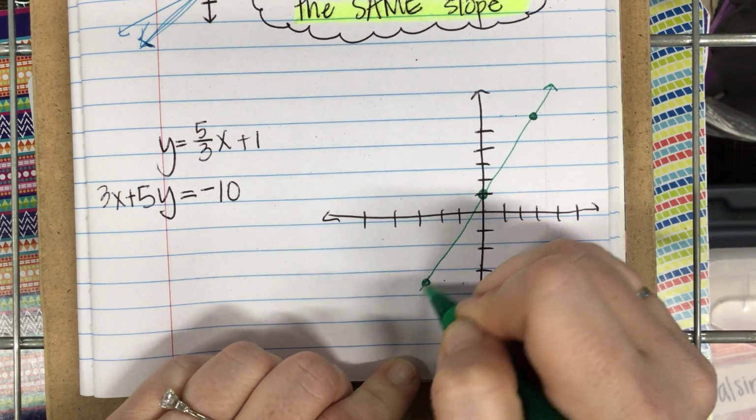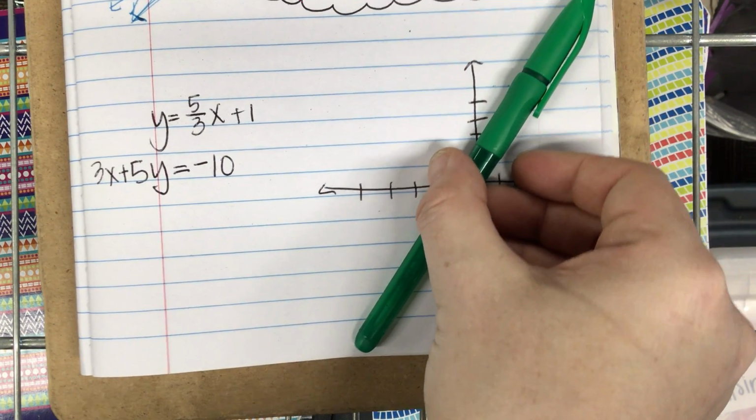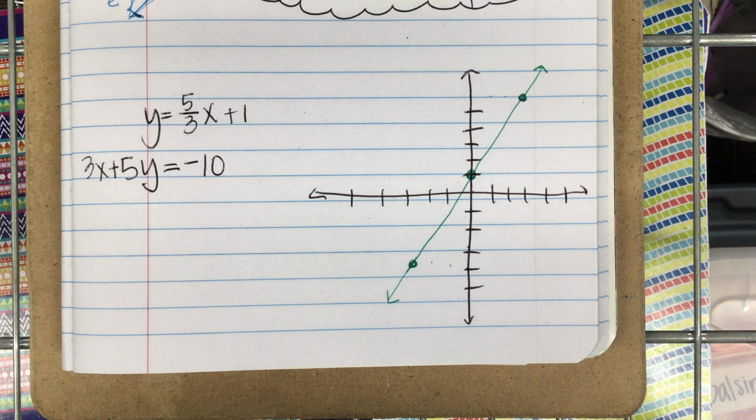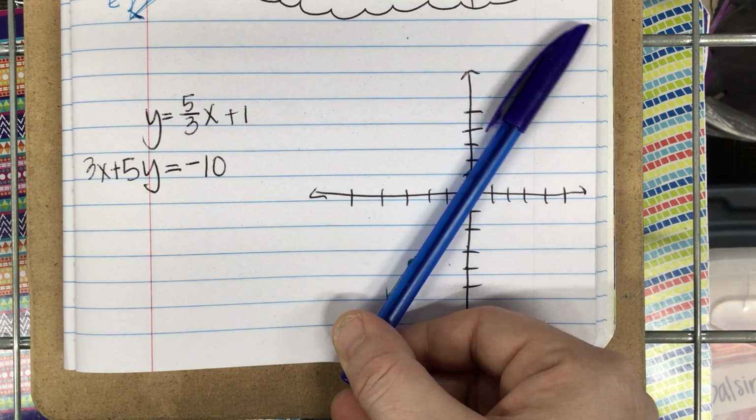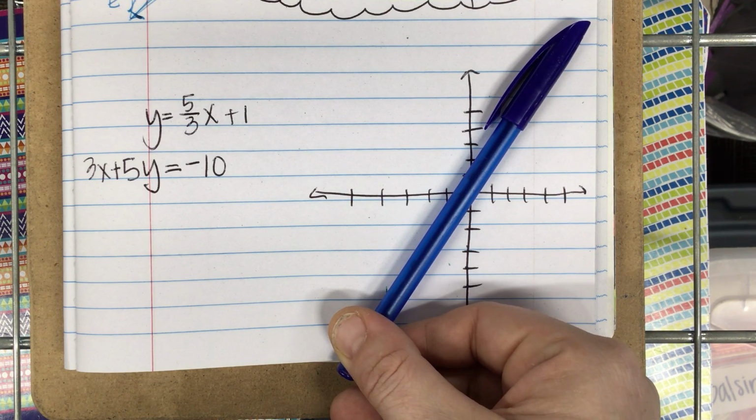So I want you to think about, before we start anything, take your pencil or pen after you have this drawn. What would a perpendicular line look like? Make your pen or pencil perpendicular. If this is your line right here, what would you do for perpendicular? This line right here, the slope is 5/3. Where would it go?